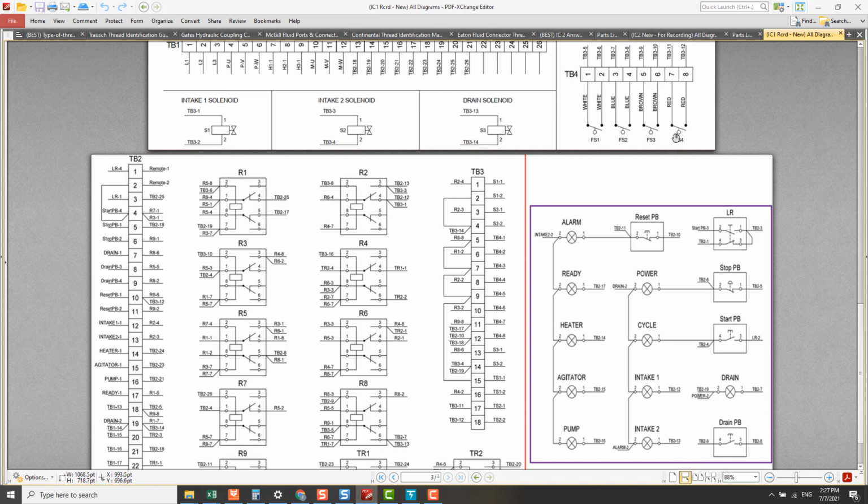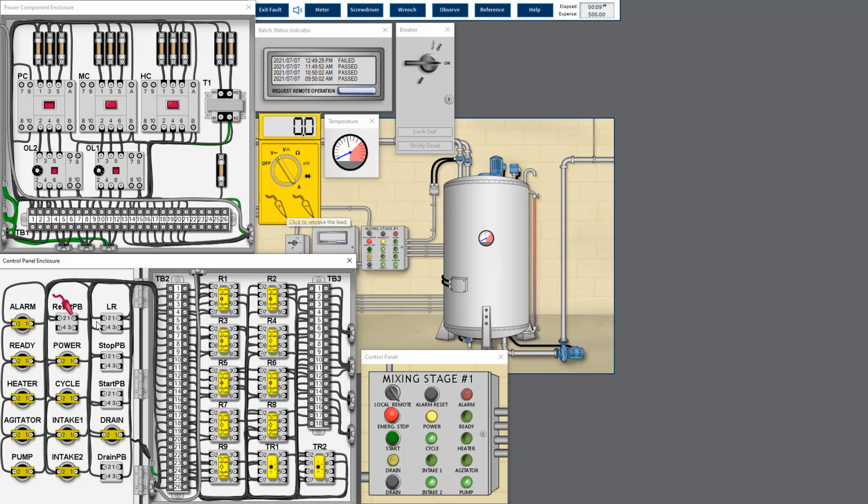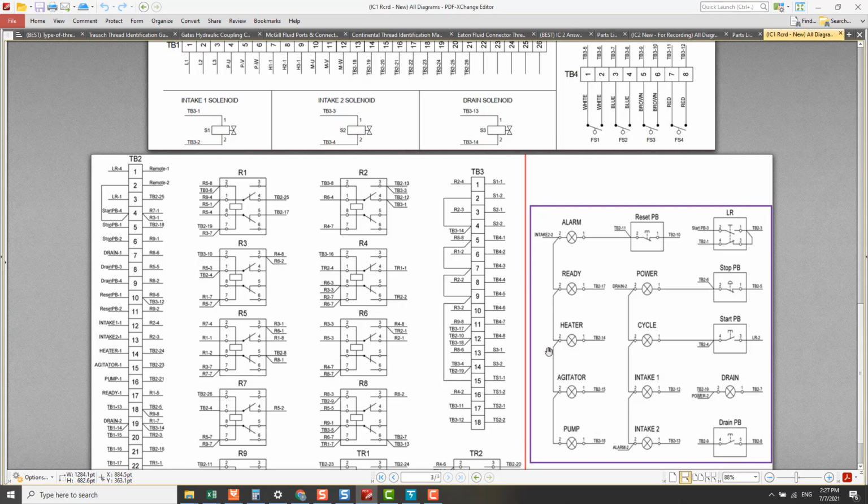So we can measure TB312 here to confirm whether there is voltage or not. TB312, yes, there's a voltage, and this TB312 is connected to TB210 and TB318.